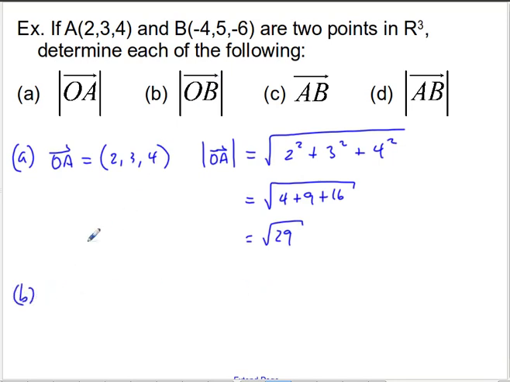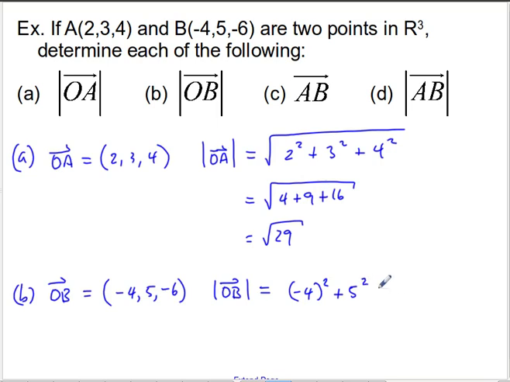For part B, what is the vector OB? Since it's from the origin to B, it has the same form: -4, 5, and -6. The magnitude, or the length, of the vector OB is equal to the square root of -4 squared plus 5 squared plus -6 squared.